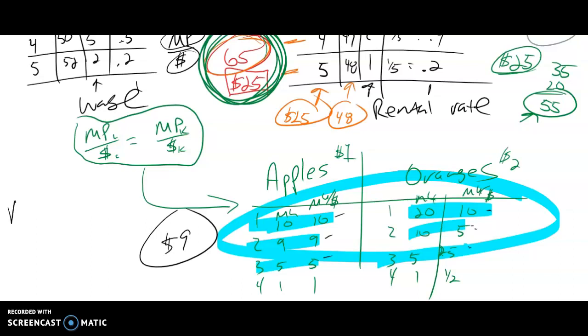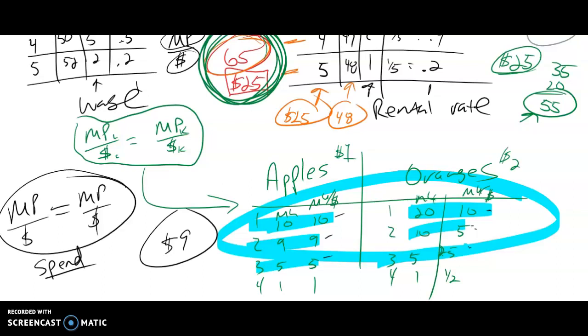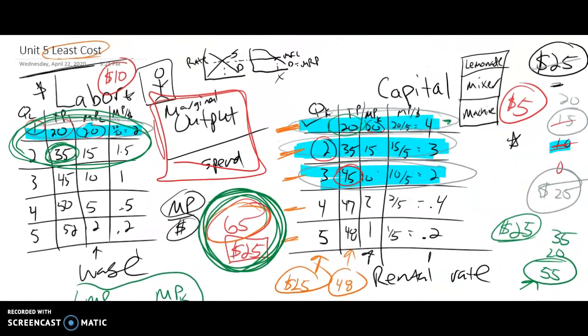And so this idea of marginal something, marginal utility, here it's marginal product per dollar, it should equal the marginal product per dollar of the other good. And then when you spend all of your money, if those two things are equal to each other, then you've maximized, you've had the least cost.